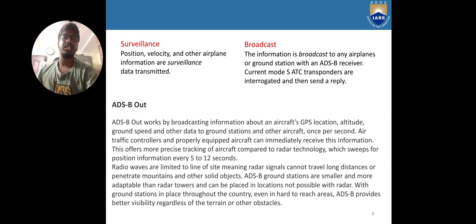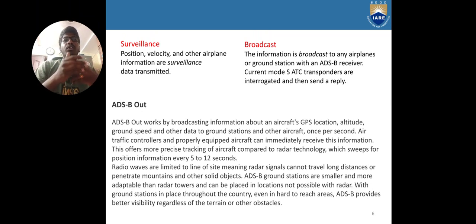So it works like this. ADS-B Out works by broadcasting information about an aircraft's GPS position, altitude, ground speed, and other data to ground stations and other aircraft once per second. Air traffic controllers and properly equipped aircraft can immediately receive this information.